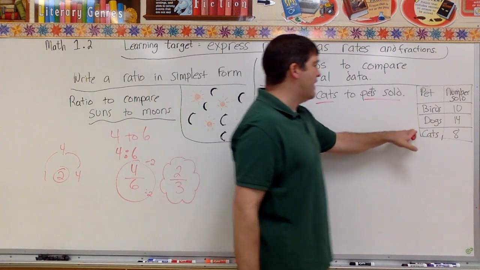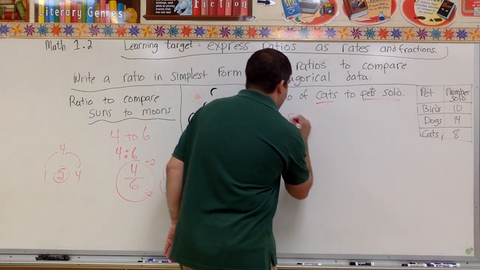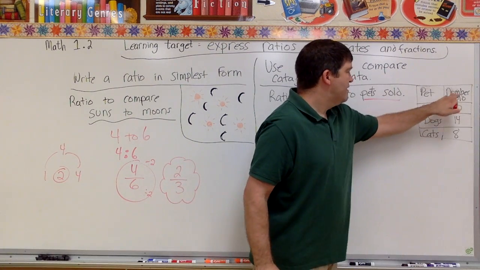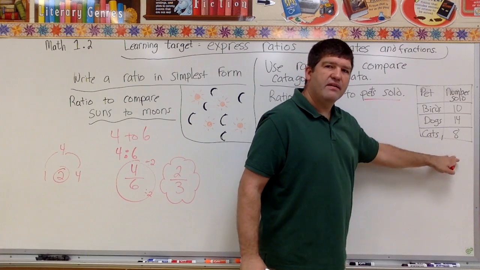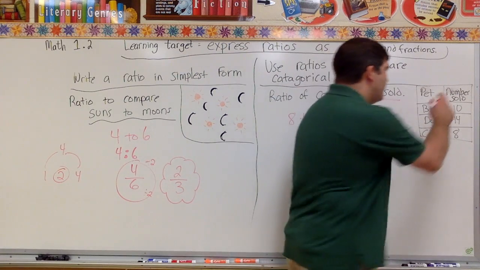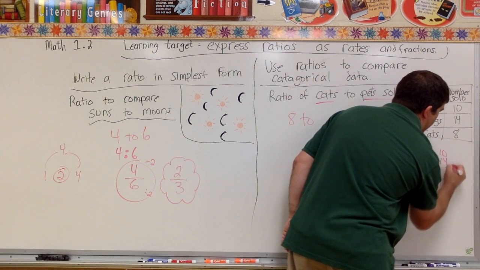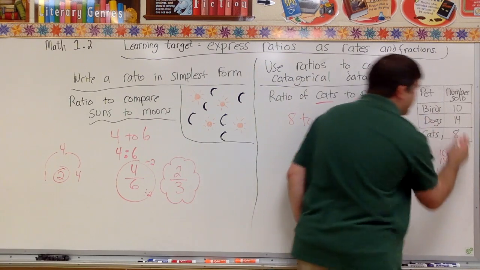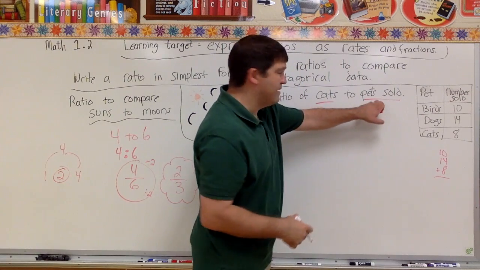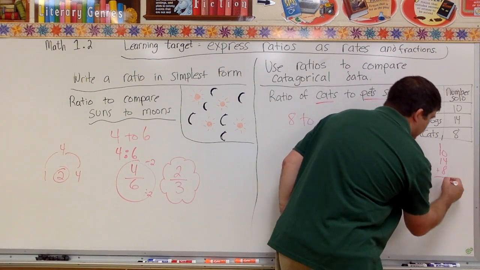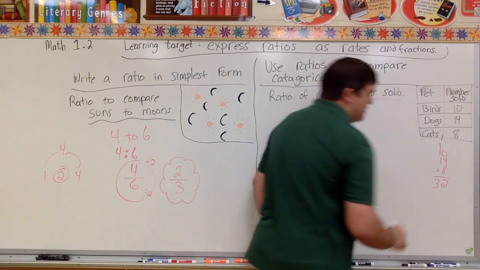I can look at the chart: cats, 8. 8 to, now pets sold, that would have to be all of these, right? It'd be the whole number. So what I do is 10 plus 14 plus 8. This will give me all the pets sold, because that's what it wants. 8 plus 4 is 12, and then 32.